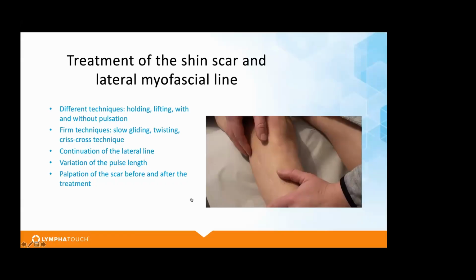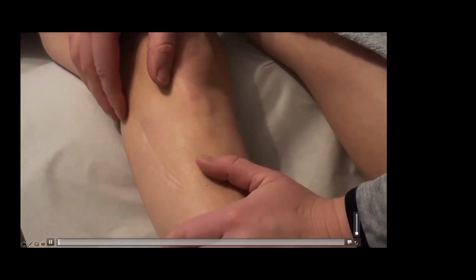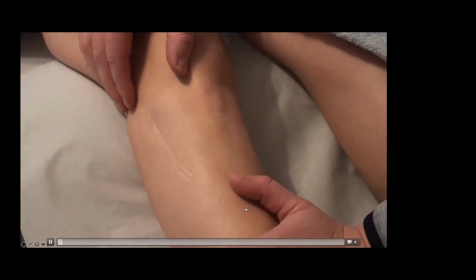Okay, and then the next one will be the shin scar, and we are now on the lateral myofascial line. So again, holding, lifting, and with and without pulsation, slow gliding, twisting, and then continuation to do the whole lateral line. And you can also vary the pulse length here.